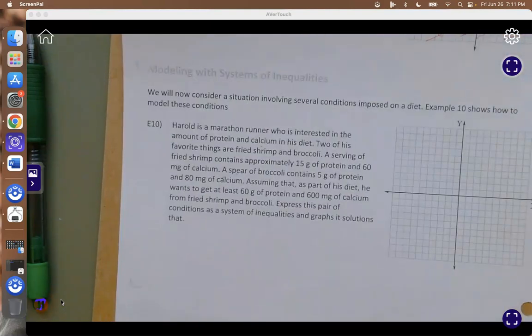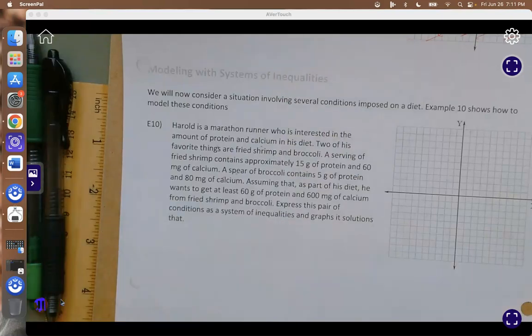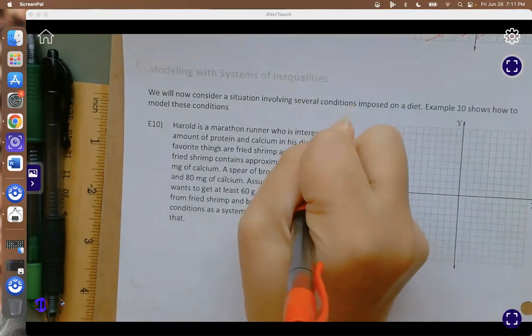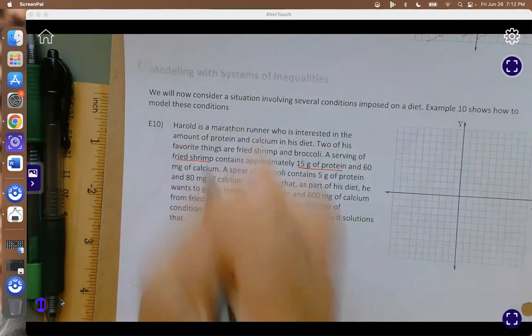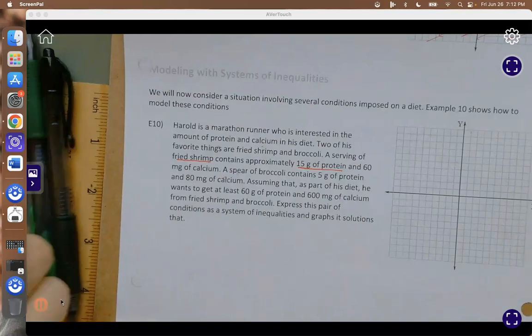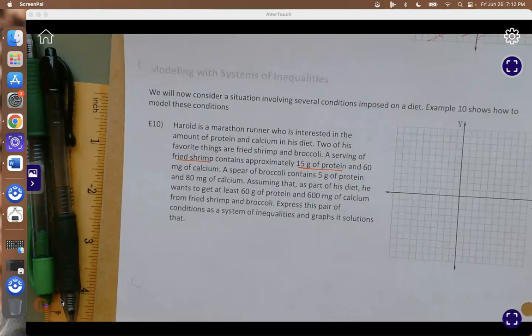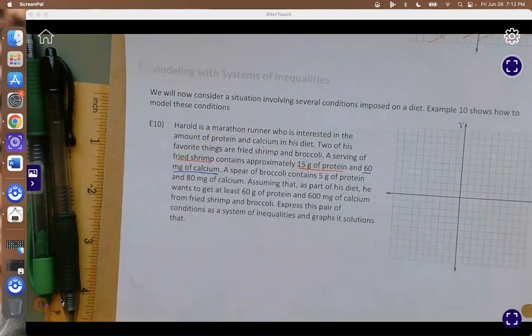Last problem. Harold is a marathon runner who is interested in the amount of protein and calcium in his diet. So we're going to be dealing with protein and calcium. A serving of fried shrimp contains approximately 15 grams of protein, and the shrimp has 60 milligrams of calcium.